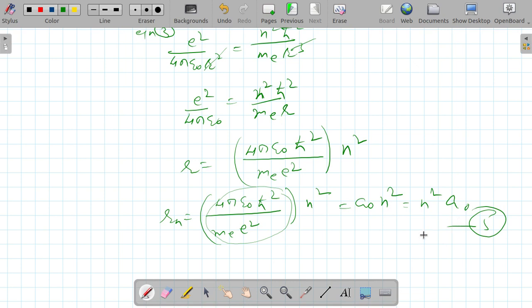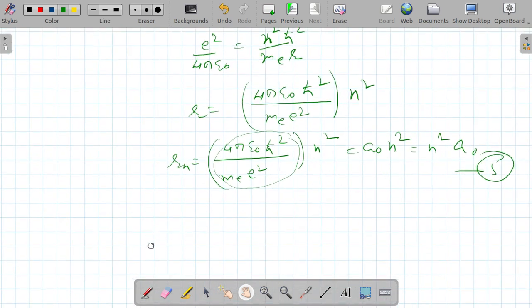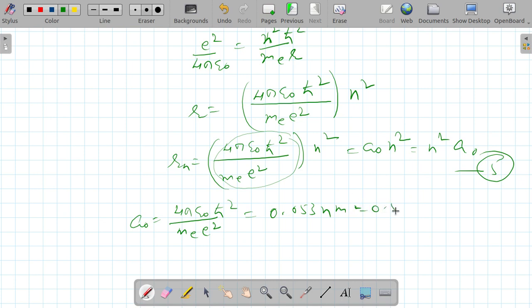So it's the radius of the nth orbit, and here the quantity a naught is equal to 4 pi epsilon naught h cross square over me e square. It is known as 0.053 nanometer, or 0.53 angstrom. It is known as the Bohr radius.